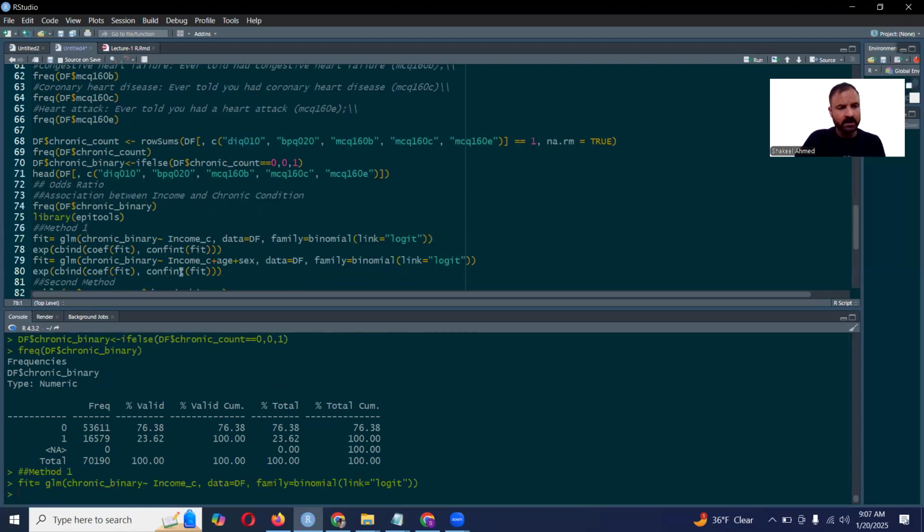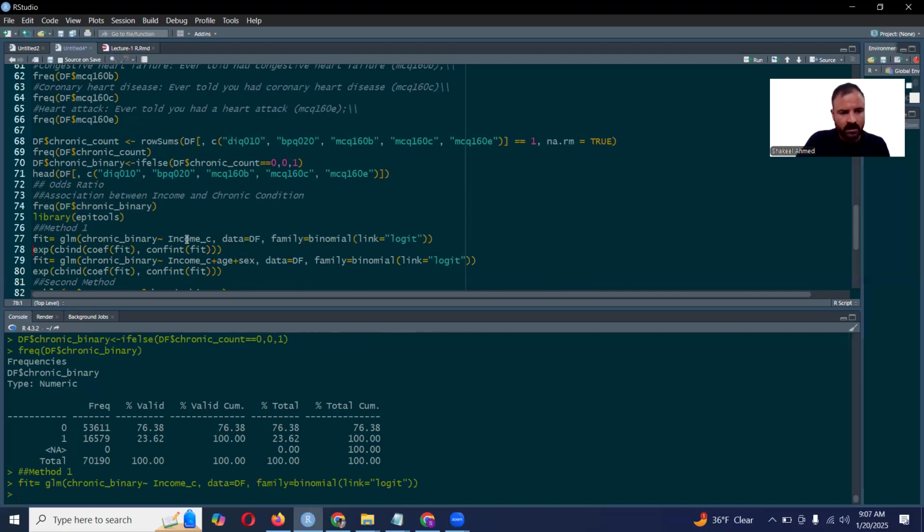So we have two options. One, we can use the GLM option. That is, we are running a logistic regression of the outcome, that is the chronic condition as a binary variable, and income as an exposure. Exposure means the predictor of chronic condition.